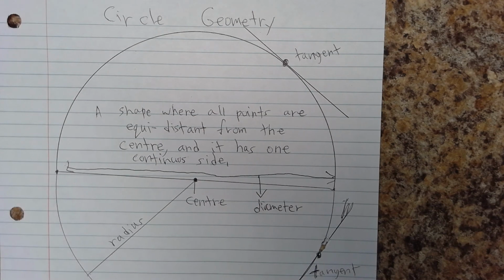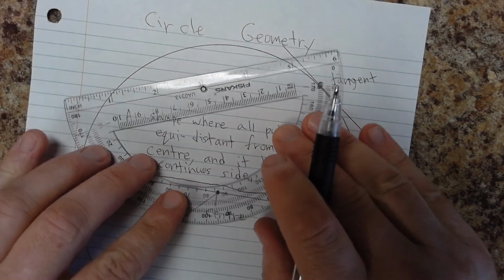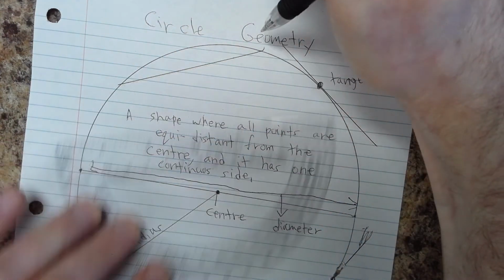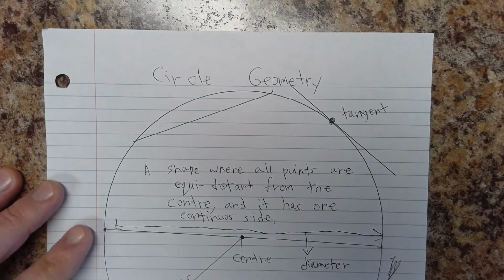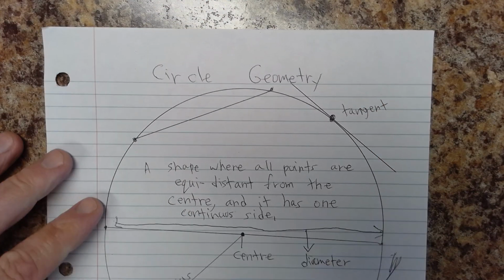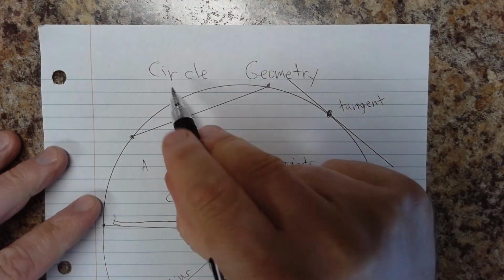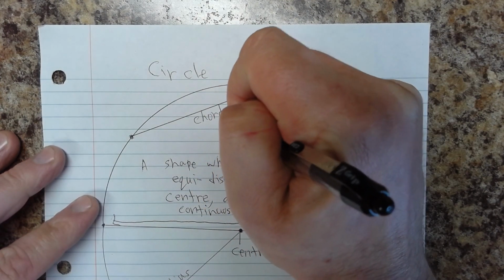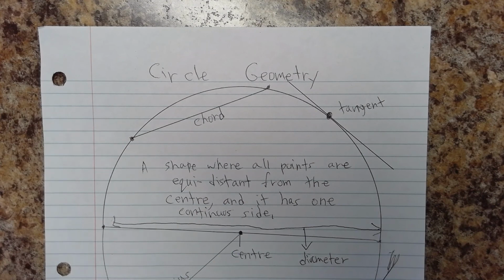You can have them, but they have a different name. So this here, I have a line that crosses the circle here. A line that crosses the circle here is known as a chord of a circle.